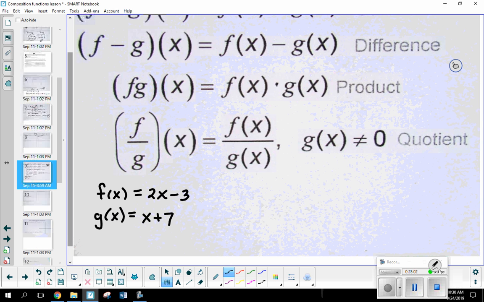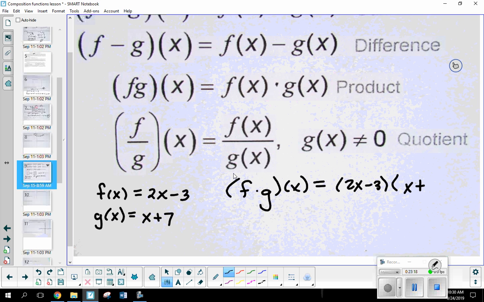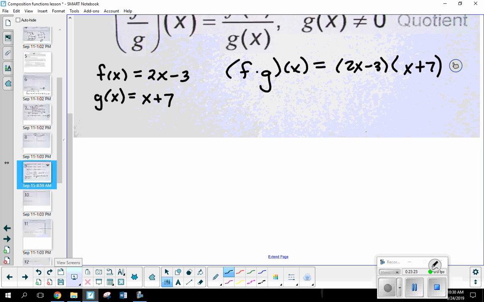Multiply. Okay. So let's say given these two functions, I had the expression f times g of x. All I want to do is exactly what it asks me to. I'm going to take the function f, which is 2x minus 3, and multiply it by function g, which is x plus 7. Then I'm just going to come up with my equation.